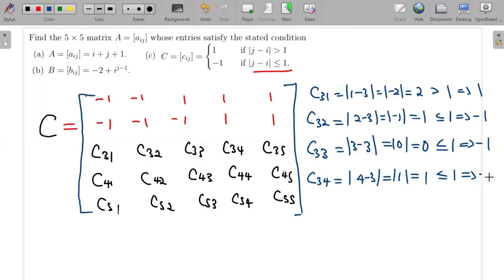So the answer there is minus 1. The last one, C35, is 5 minus 3, the modulus of 2, which is 2, greater than 1. So the answer there is 1. Those are the entries that I'm going to put in.